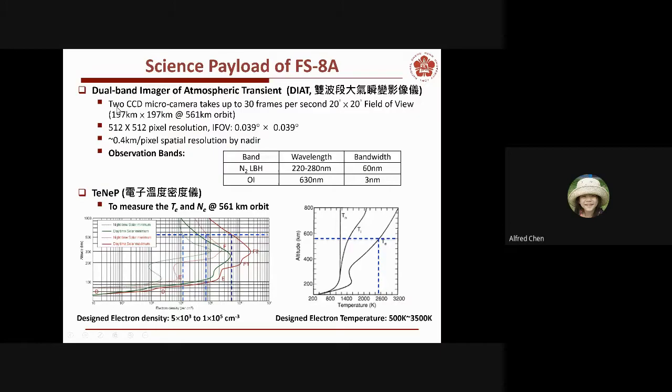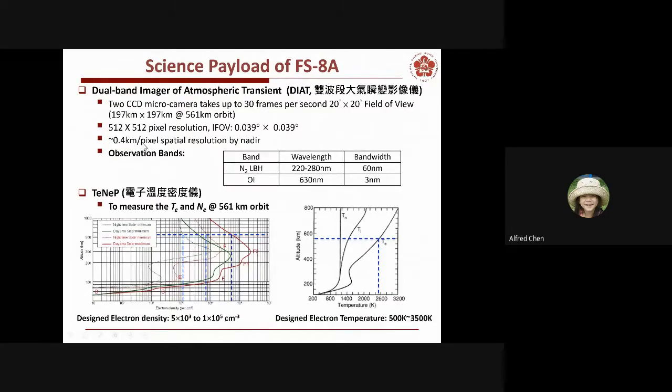It is a 2 CCD micro camera that can take up to 30 frames per second with a field of view of 20 degrees by 20 degrees. With this FOV, the corresponding spatial range is about 200 kilometers by 200 kilometers. The spatial resolution in the nadir direction can be up to 0.4 kilometer per pixel.